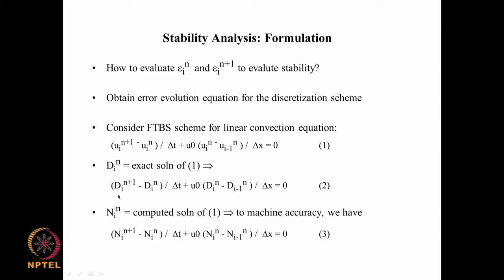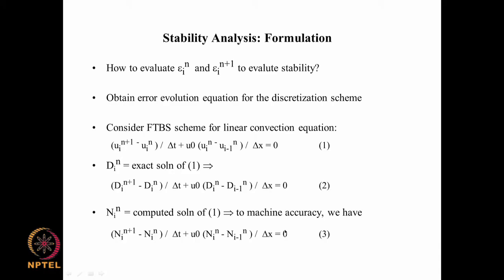This is because capital D_i^n is the exact solution of the discretized equation by definition, and N_i^n is the computed solution of this equation to machine accuracy, and therefore we can say that N_i^(n+1) minus N_i^n divided by delta t plus u naught times N_i^n minus N_(i-1)^n divided by delta x equal to 0.